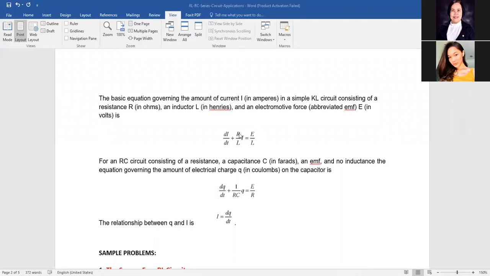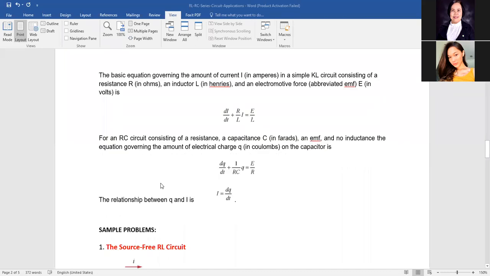R is the resistance and L, the inductance, is also a constant. But the E at times is a function of time. If that is the case, then we will have a little bit of a challenge. But if E is a constant, just like the R and the L, then we have a very simple differential equation. It will only be complicated if the E is a function of time.